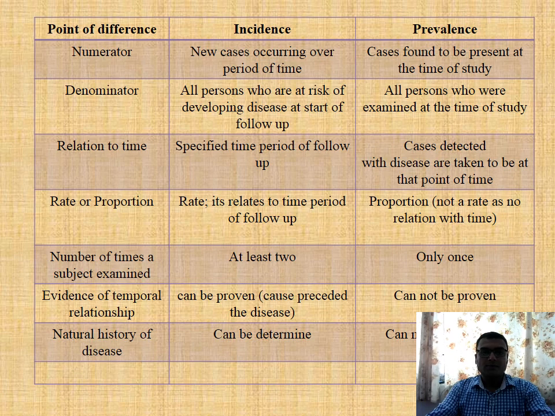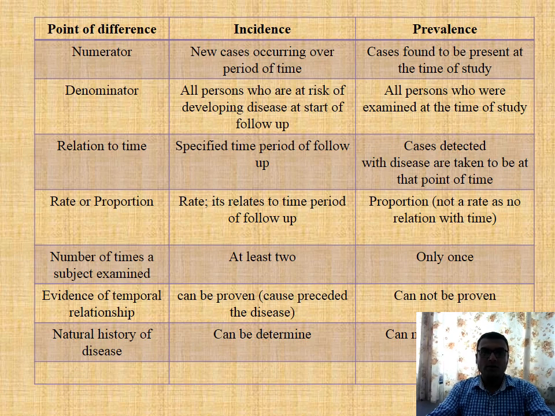Then, the number of times a subject is examined. To calculate incidence, the subject should be examined at least 2 times, and for the calculation of prevalence, only once is sufficient.